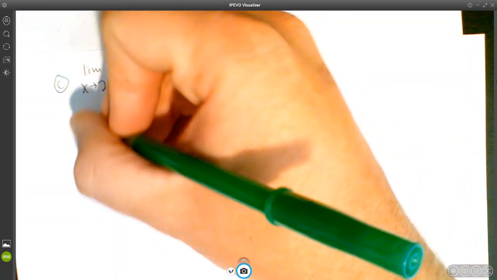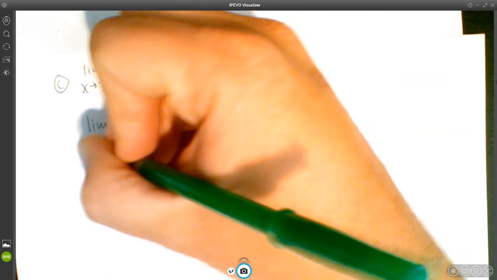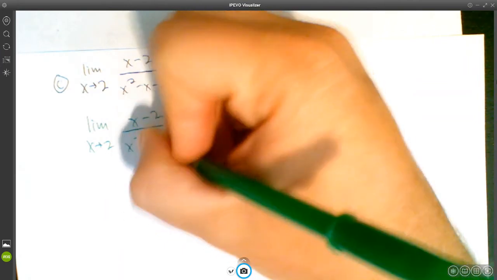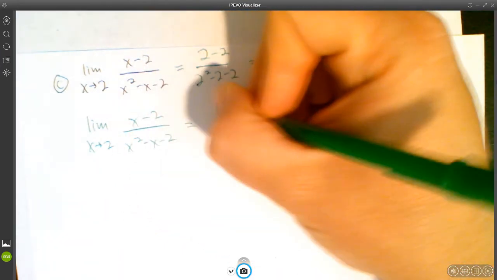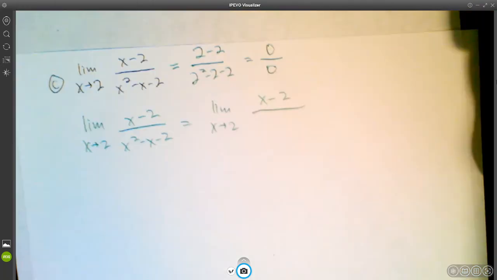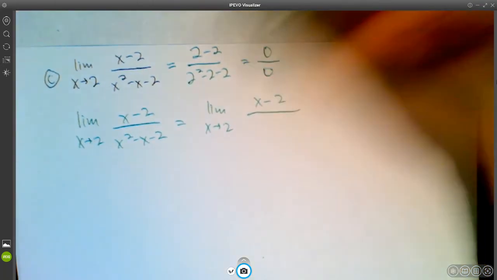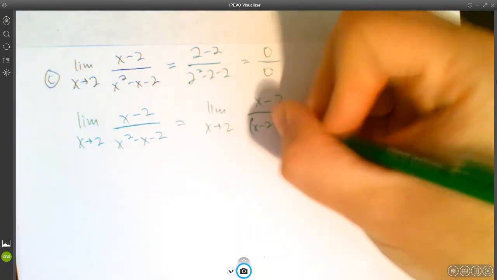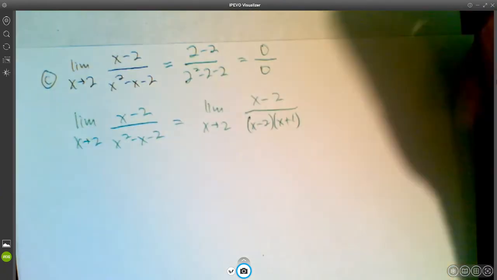So I'm going to say the limit as x approaches 2 of x minus 2 over x squared minus x minus 2. Clearly, we can't factor the numerator because it's already a linear polynomial, but the denominator we could factor. I think that this thing is x minus 2 times x plus 1.